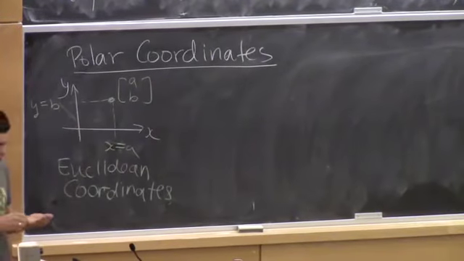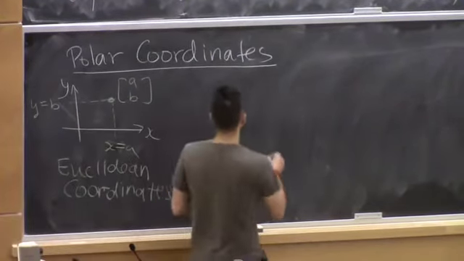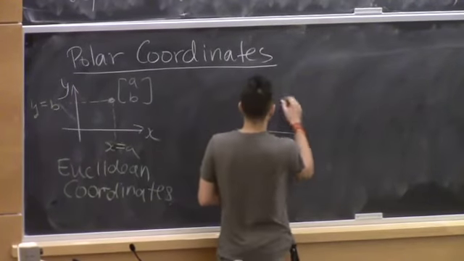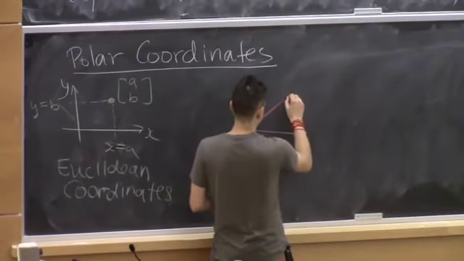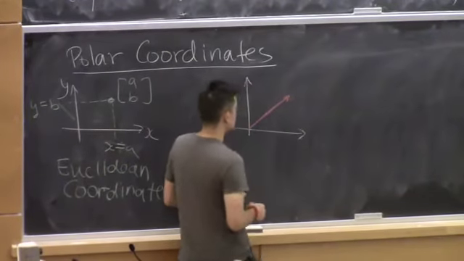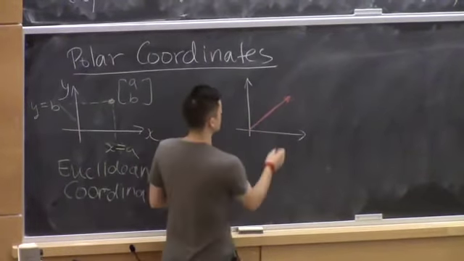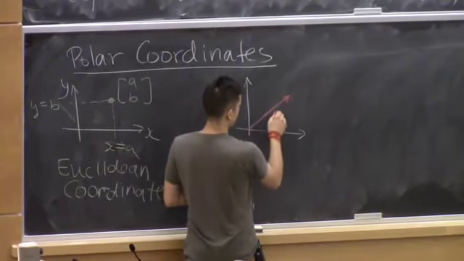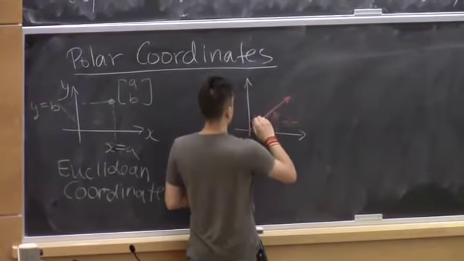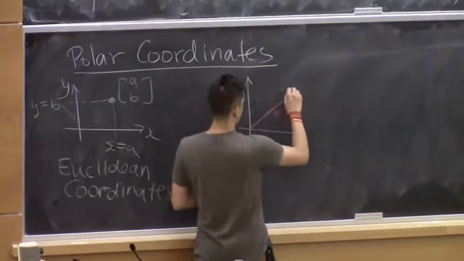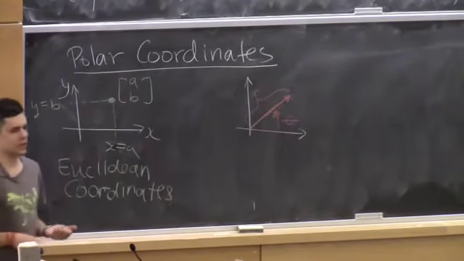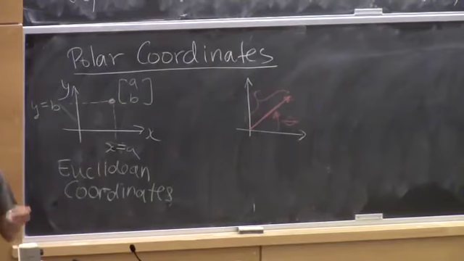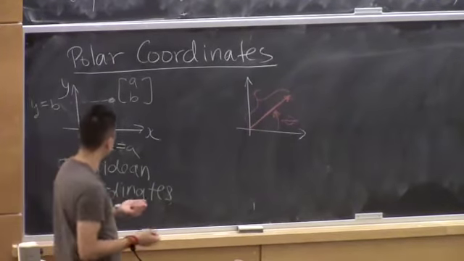Okay, polar coordinates are where we do the following thing. We measure an angle theta and a distance r. Okay, so they're a completely different way of mapping points out on the plane.